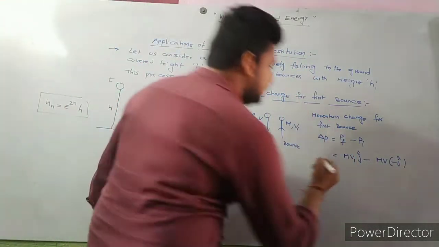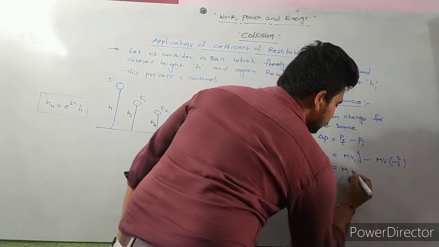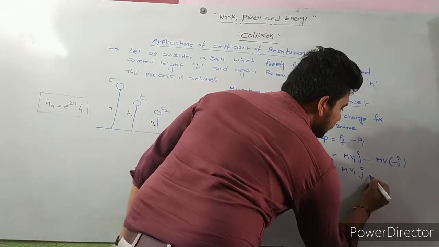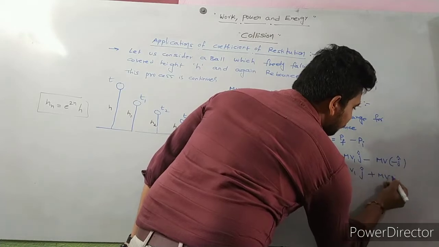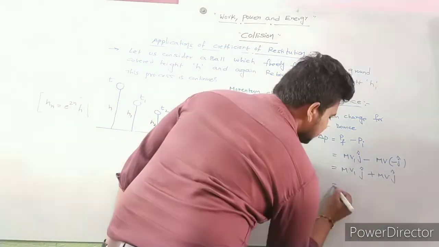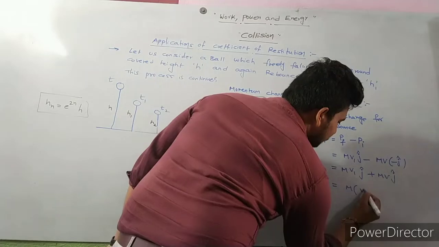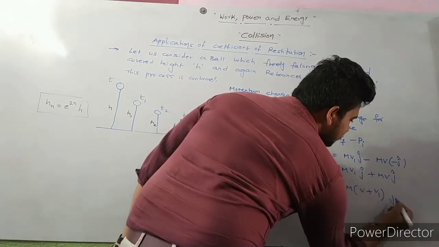So taking m common, m v1 j cap and minus of minus gives plus m v j cap. So m common, (v plus v1) into j cap.